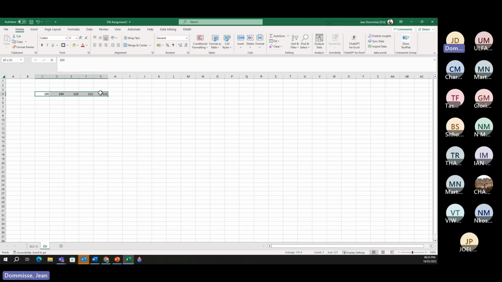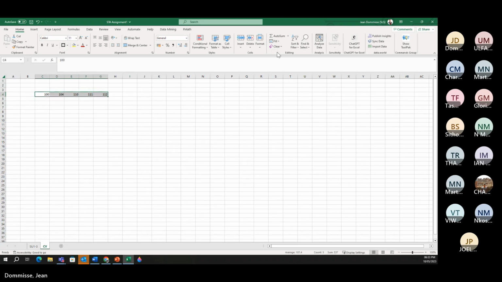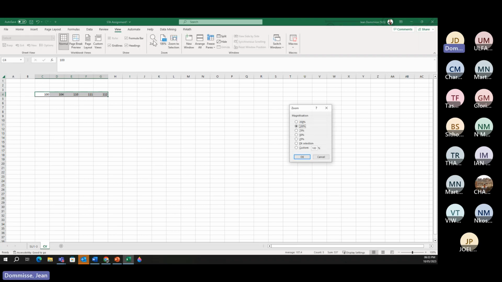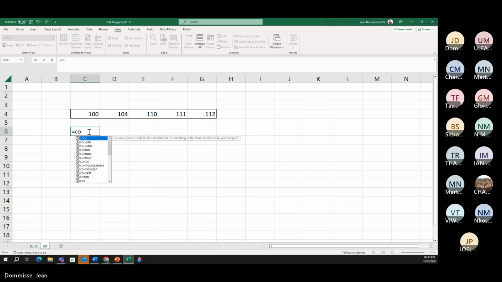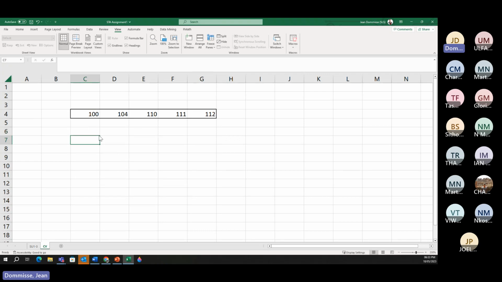Okay, so that is the 5 data points that I've given you. Let's see if it is there. Covariance, covariance, covariance. No, okay, so there's not a coefficient of variance formula, but that's fine.